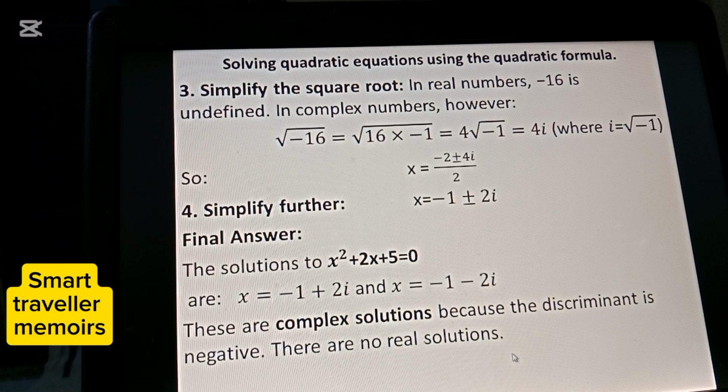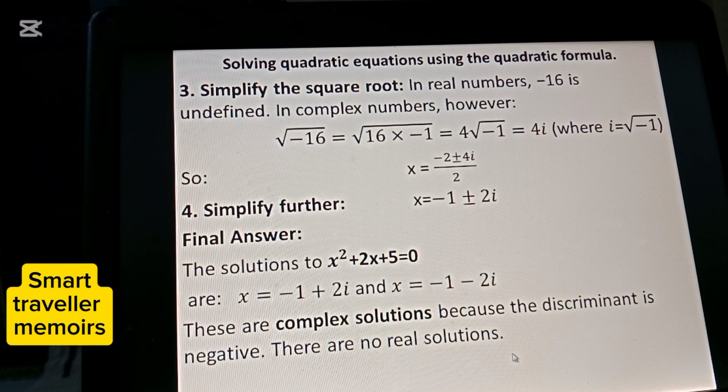But in complex numbers, i is defined as the square root of negative 1, and therefore 4 times the square root of negative 1 will be 4i. So x is equal to negative 2 plus or minus 4i over 2.